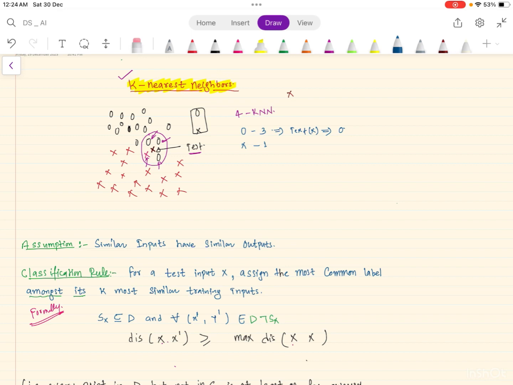So basically, how is it going to select these 4 nearest neighbors? Based on the distance, right? The nearest 4 training data points to this test data point are going to be the nearest neighbors of this test data. Calculating the distances is the crucial point, because the distance will have an effect when you have higher dimensions.